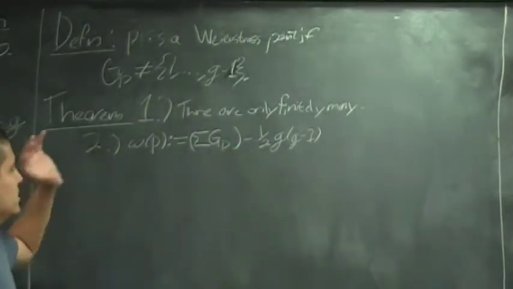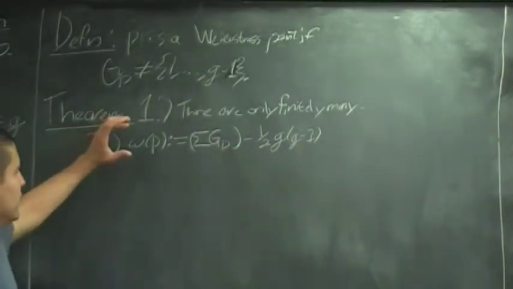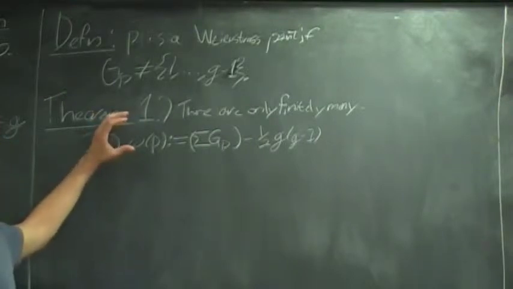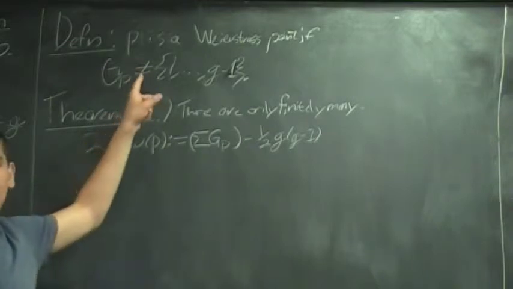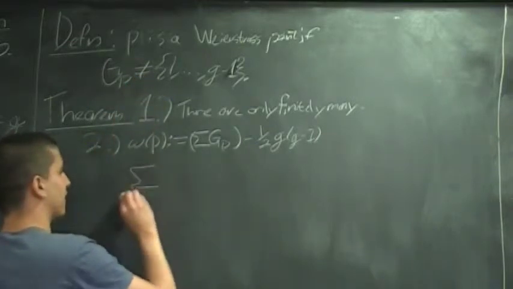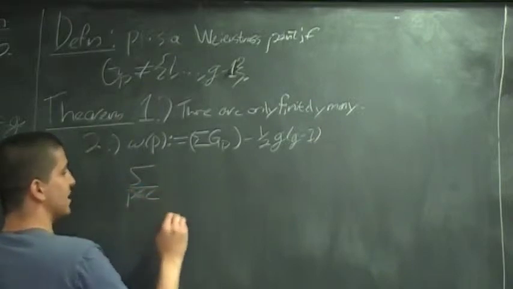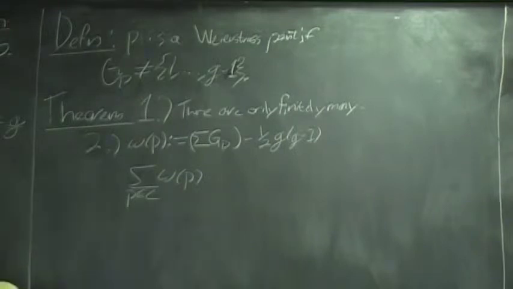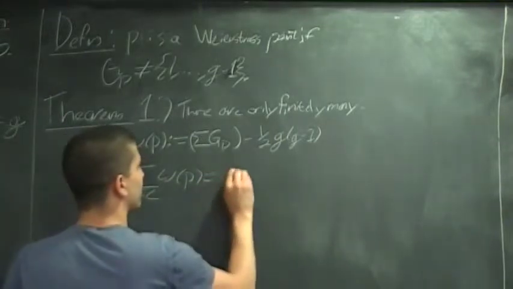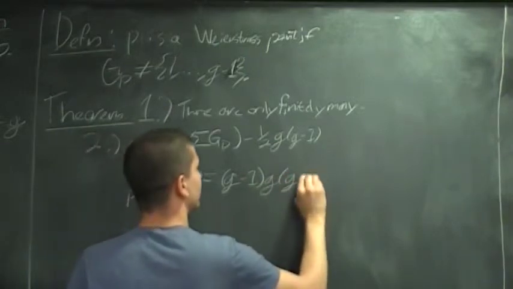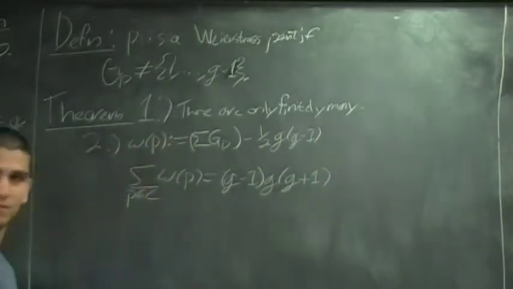So now this is 0 when we don't have a Weierstrass point, and non-zero at the finitely many Weierstrass points. And the theorem says that if we add these up for all points in our curve, and we can do that since only a few of them are non-zero, we get g minus 1 times g plus 1.